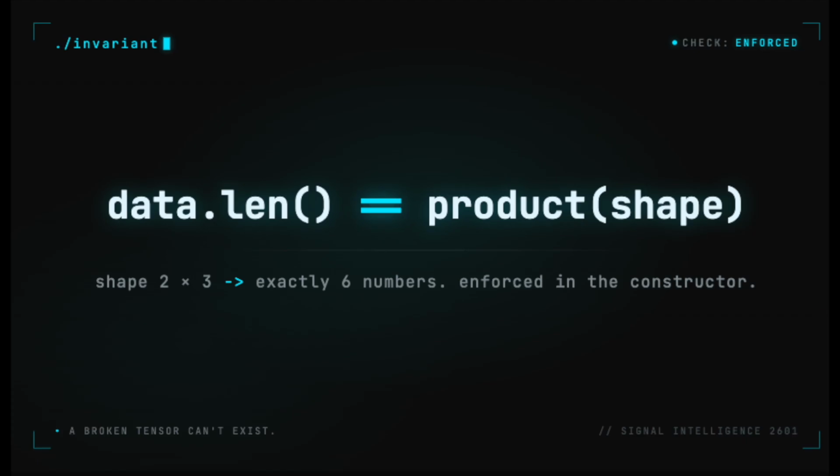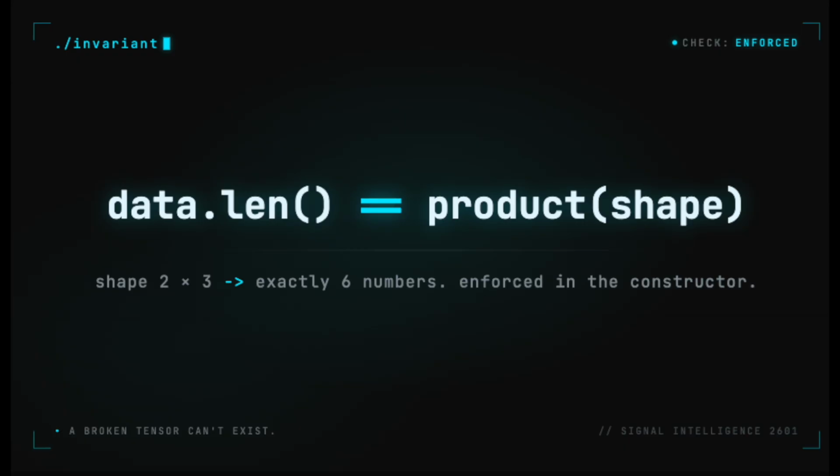Now we do have a new rule that we have to enforce, and this rule's very important. If a tensor is a flat buffer plus a shape, those two things have to agree. So if we say that a shape is 2 by 3, we better have exactly 6 numbers in the buffer. 2 times 3, not 5, not 7, it has to equal 6.